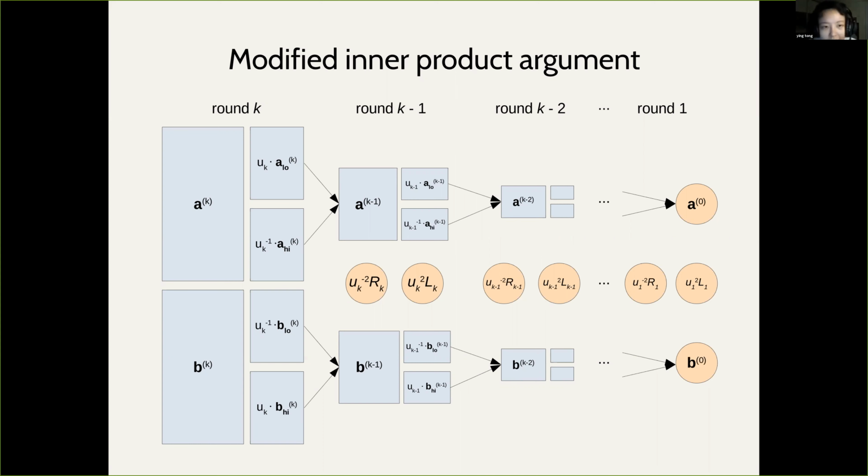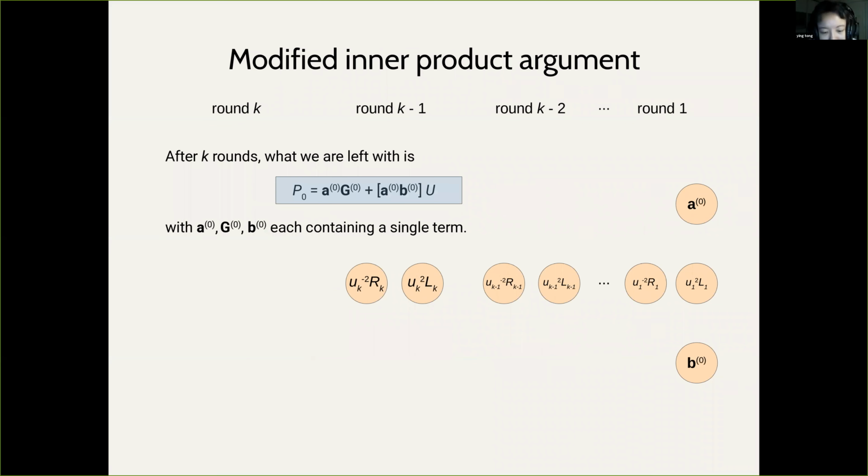So you've cut it in half K times, and by the time we're at round 1, your vector is reduced to a single element, A0, B0. And you've also accumulated two cross terms per round. So this is what we're left with.